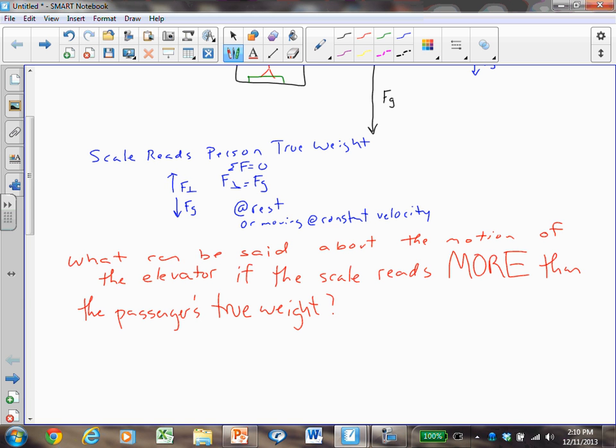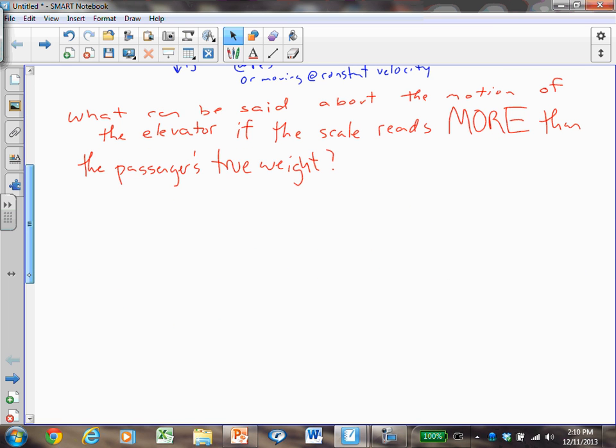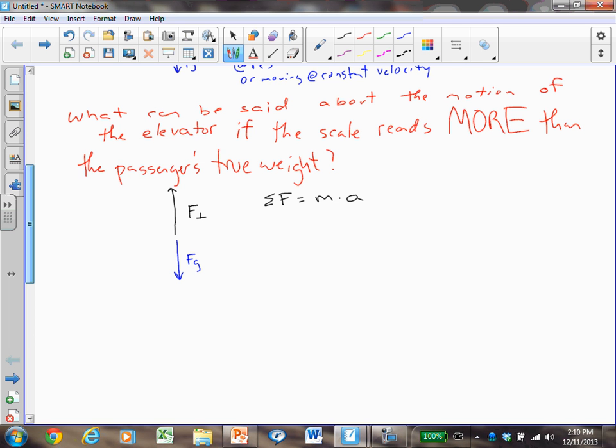Well, the free body diagram in that situation would be Fg down, but since the scale is reading more, F perpendicular is bigger. So in that case, the sum of the forces is mass times acceleration, and that is F perpendicular minus Fg equals mass times acceleration. So in that case, we must have an upward acceleration.